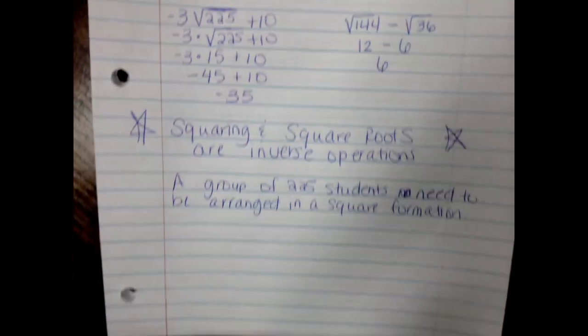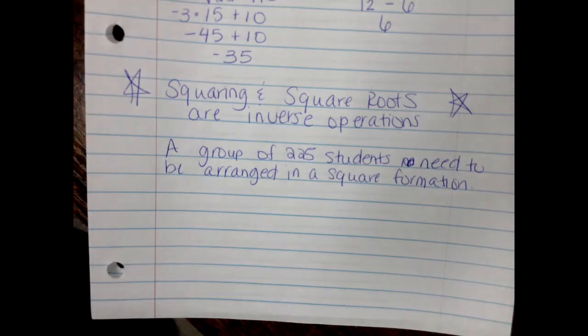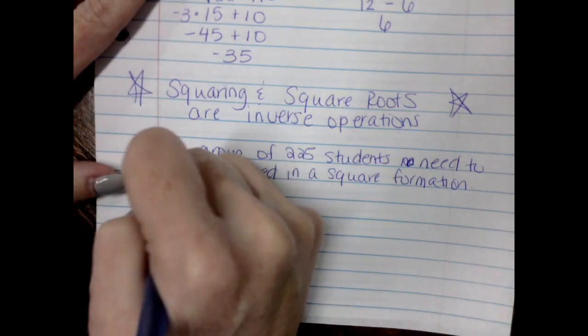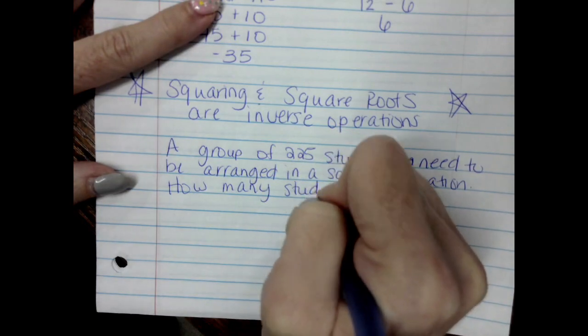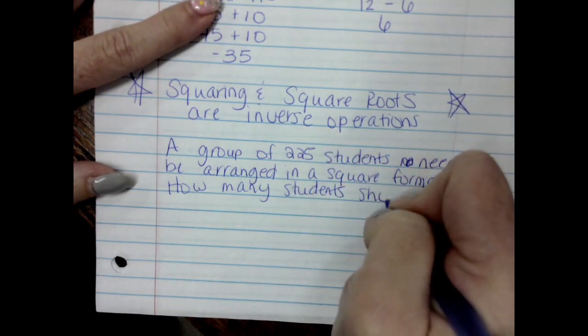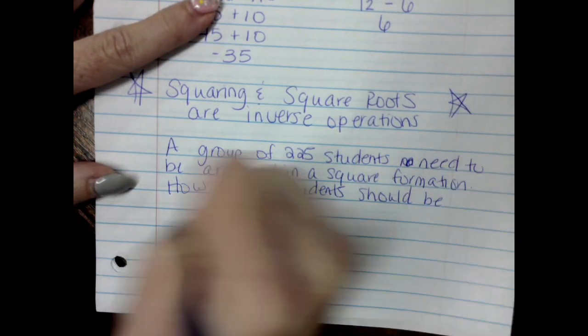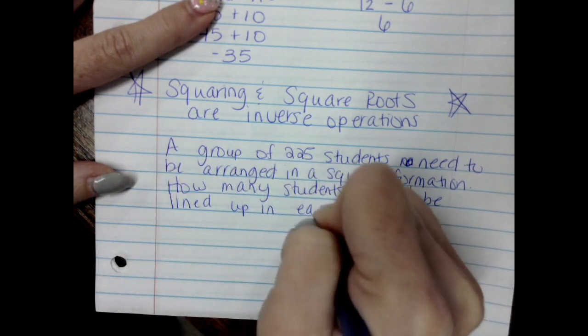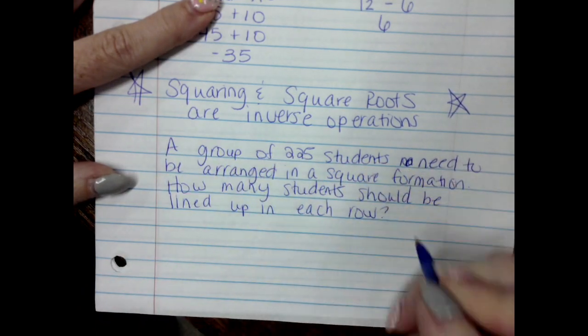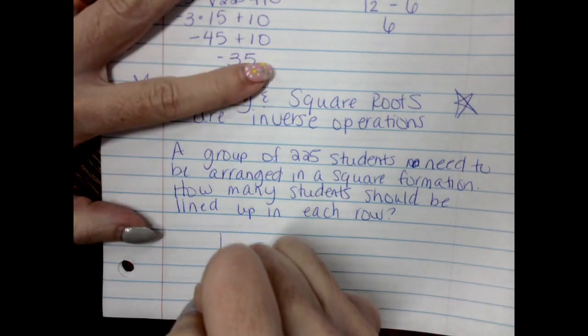So this is very realistic in the band. They do a square formation. How many students should be lined up in each row?